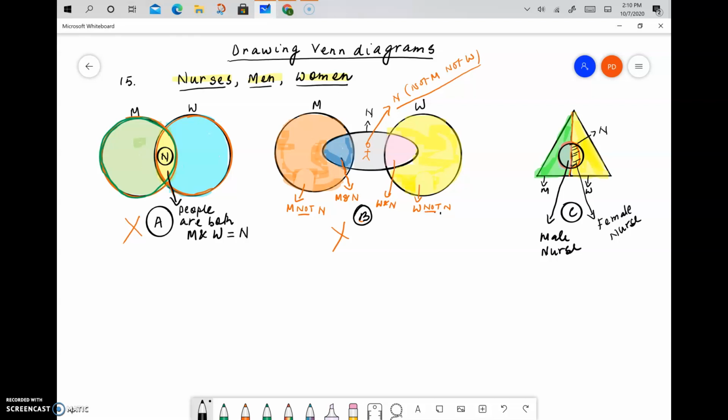Next, outside the nurses circle, these are women, not nurses, so that's fine. And then this green area, which is men who are not nurses. So every region here makes sense.